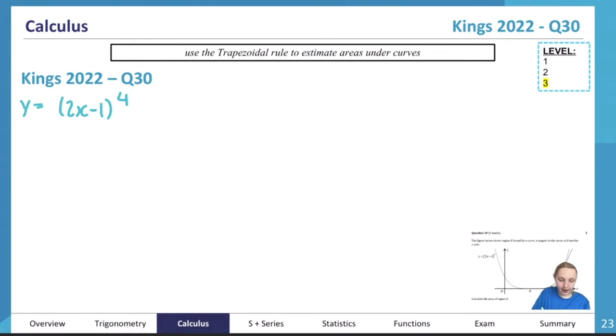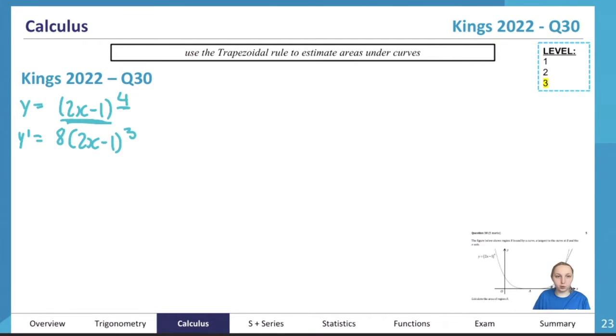So we're going to have y dash equal to 8(2x minus 1) cubed. Here we've done 4 times the derivative of the inside of the brackets to get this 8, then (2x minus 1), and n minus 1 gives that power of 3.